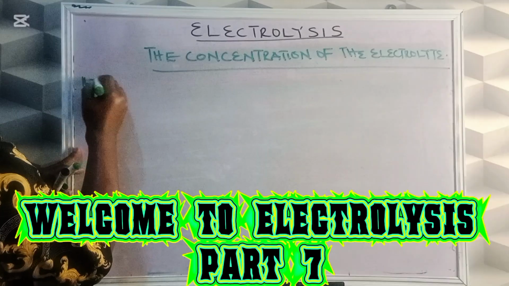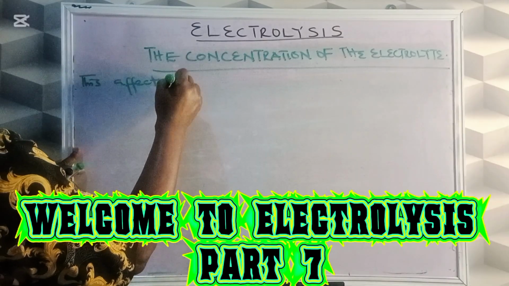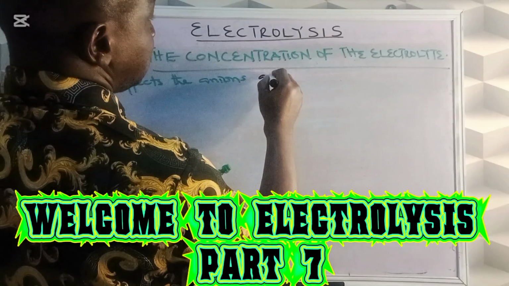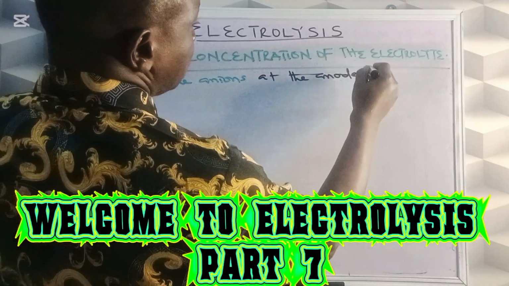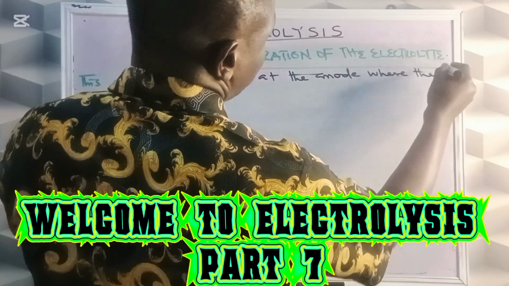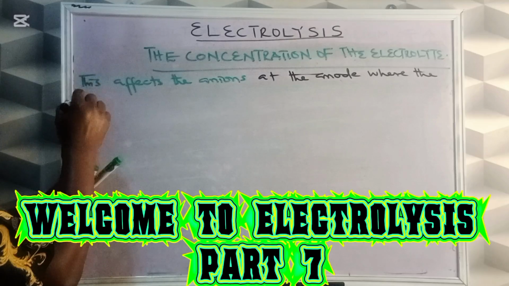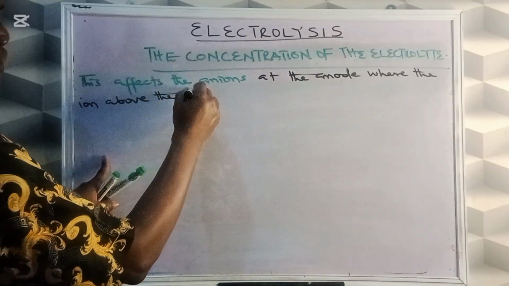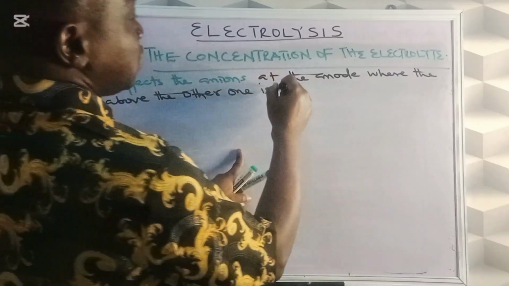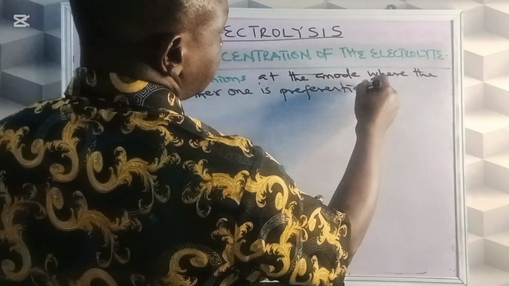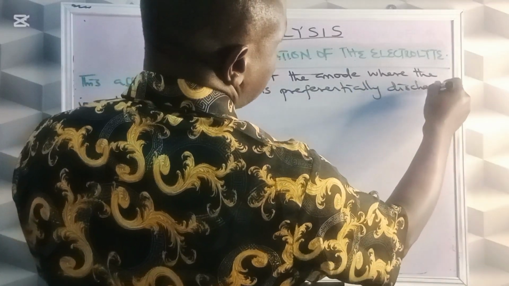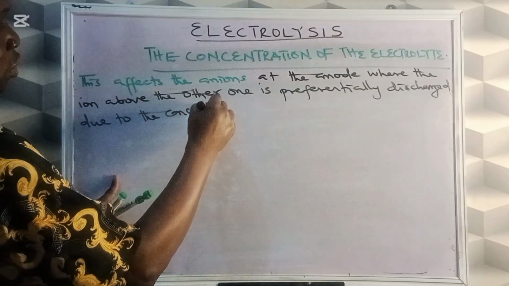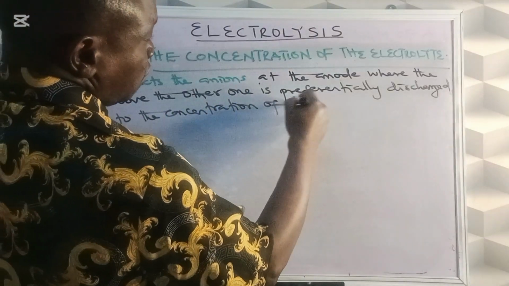So this affects the anions at the anode, where the ion above the other one is preferentially discharged due to the concentration of the electrolytes.